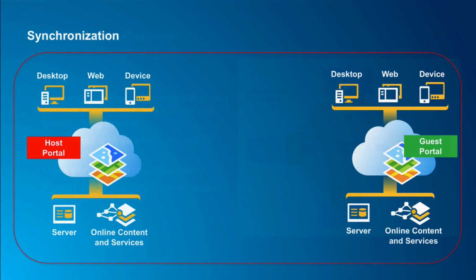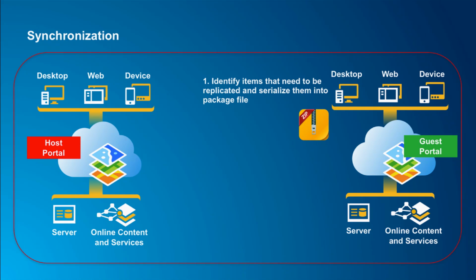The next thing that I want to talk a little bit about is synchronization. When the collaboration is set up, you have a trusted relationship and enough identities to communicate and exchange content. The first thing the synchronization engine does is try to find what items need to be synchronized, and it packages them into a serialized format.